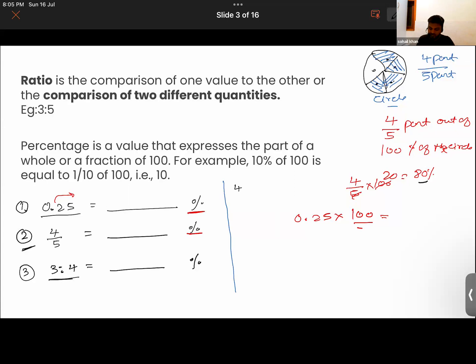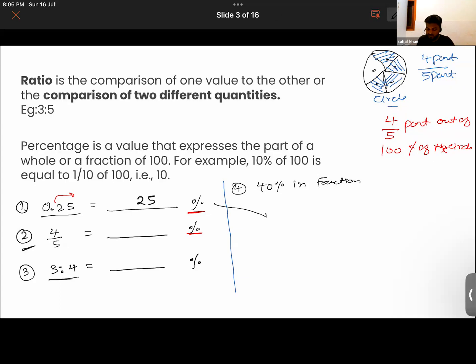While you guys are solving some more questions, 0.25 into 100 is 25, sir. No, that is wrong. Sir, it's 25%, right? It's 25%.